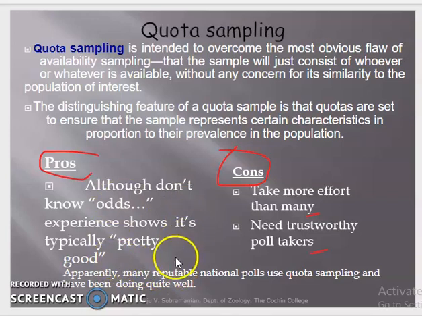It is not the investigator alone who is deciding what type of sampling has to be made. Based upon the opinion of the public, we divide the population into different strata.